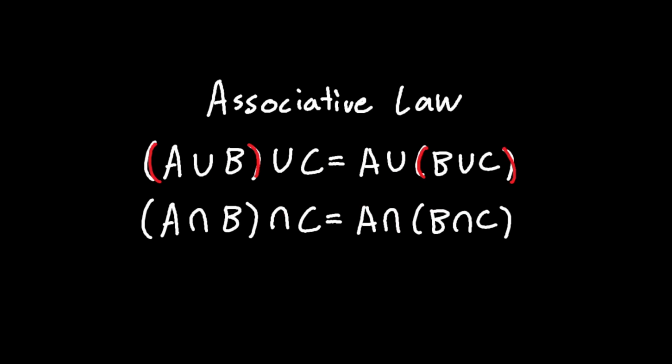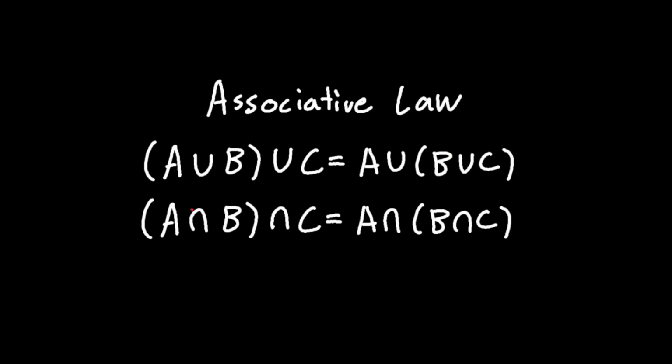Now, an important thing to note about the Associative Law is that you need the same set operation in order for this to happen. Notice how both of these are unions here, and both of these are intersections here. So in order to perform the Associative Law, you need the same set operations.